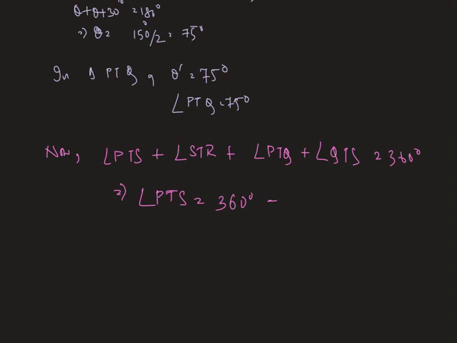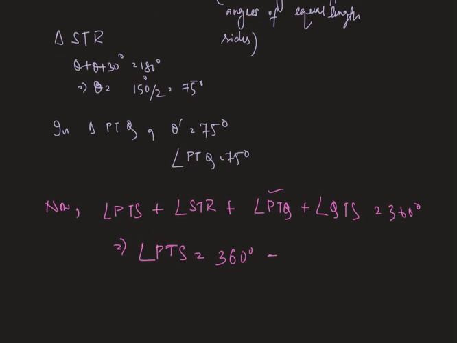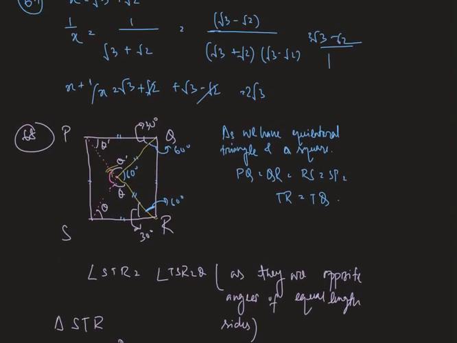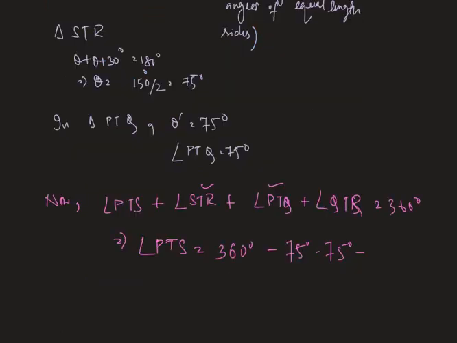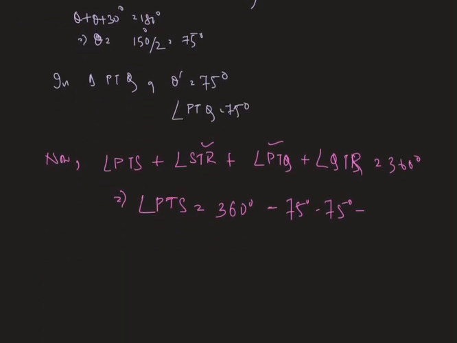The value of PTQ and the value of STR is 75 degrees, and the value of QTR is 60 degrees.